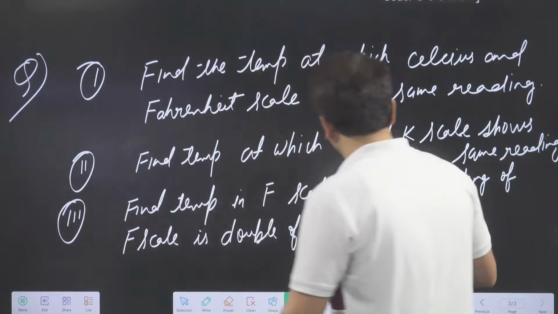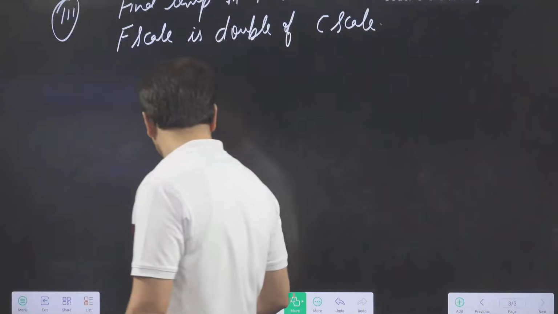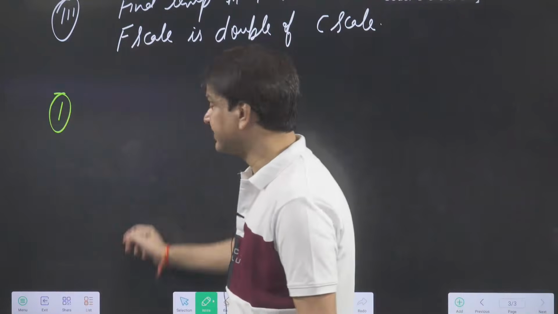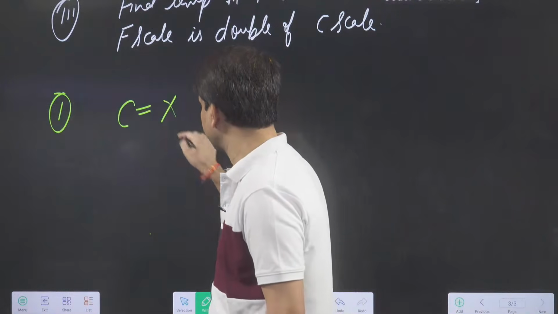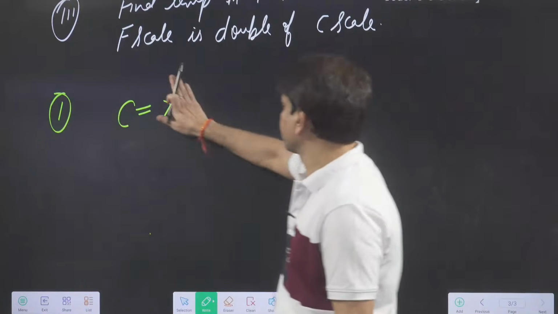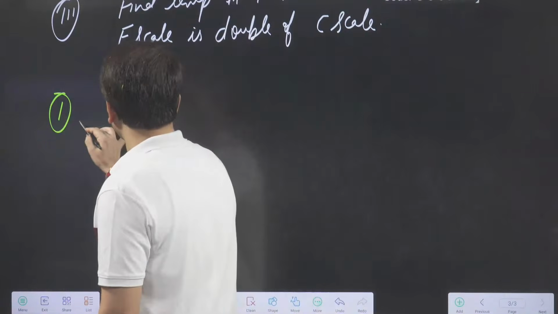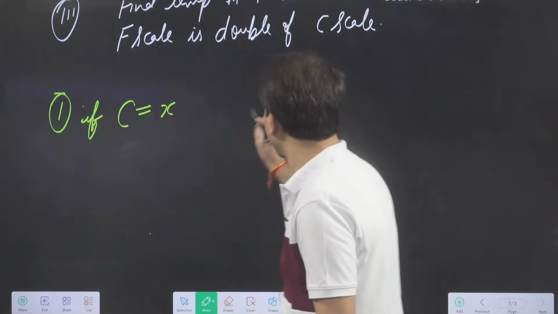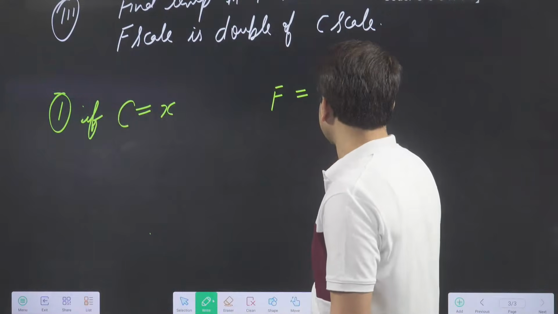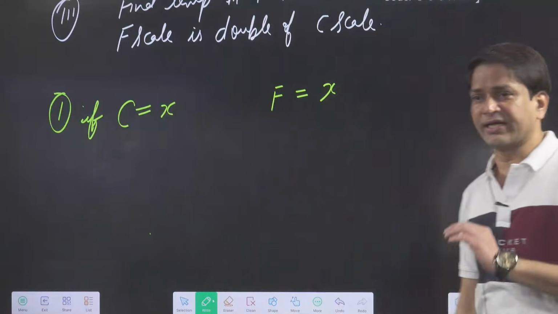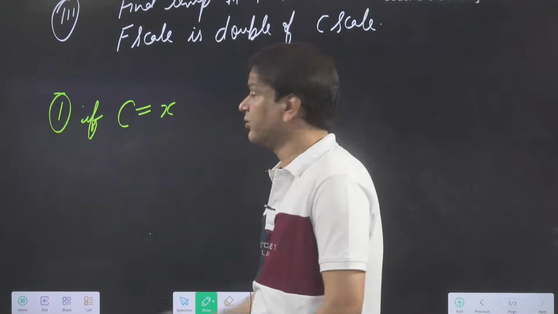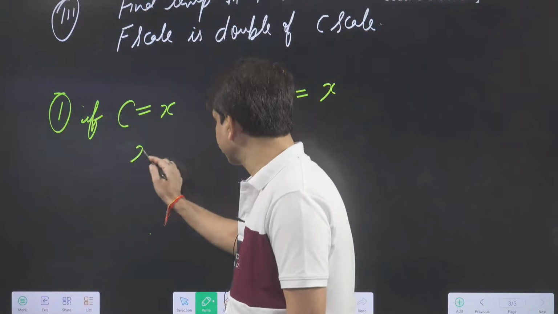Okay, so what can I do in that? Suppose Celsius scale shows the reading X. If it is showing the reading X, then Fahrenheit also has to show the same. It means I can say F is equal to X also. Now I will equate the TSI of the Celsius and Fahrenheit.